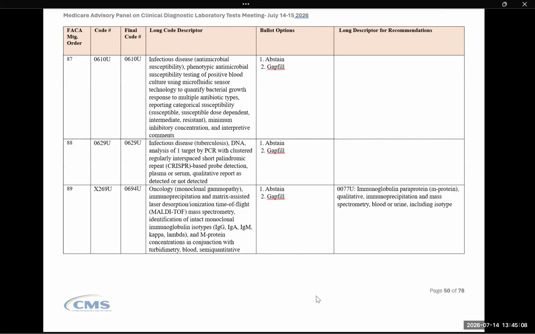Thank you. All right, does anyone on the panel or from CMS have any questions about this code? All right. If not, panel members, please cast your votes.